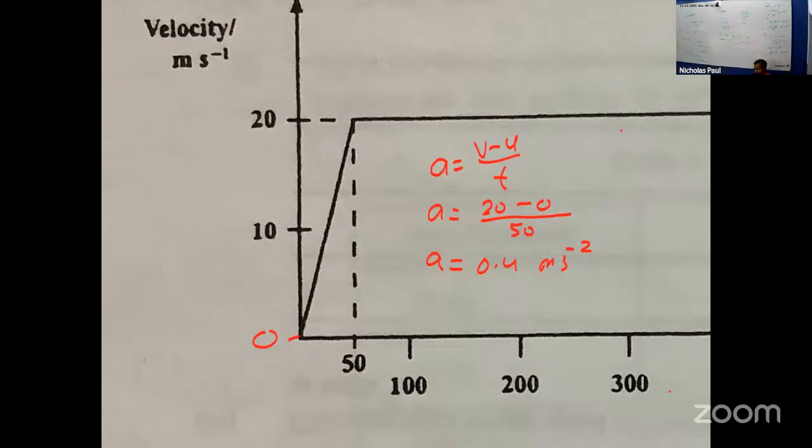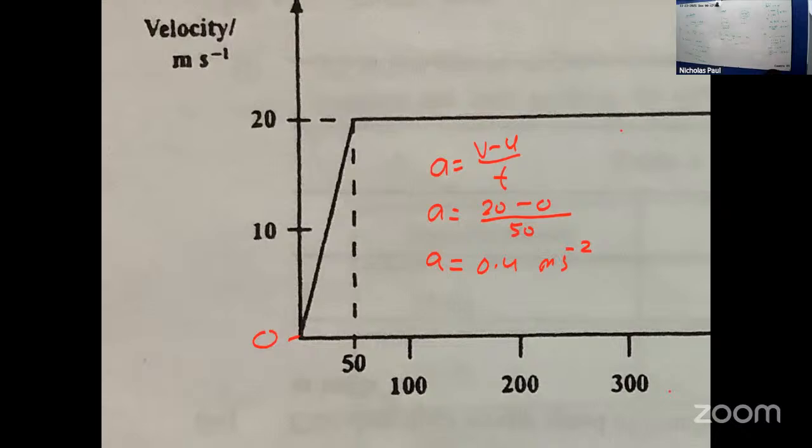Note that on a velocity time graph, the gradient gives the acceleration.